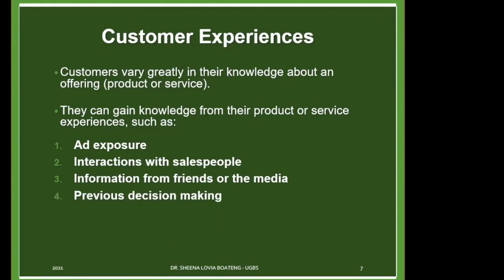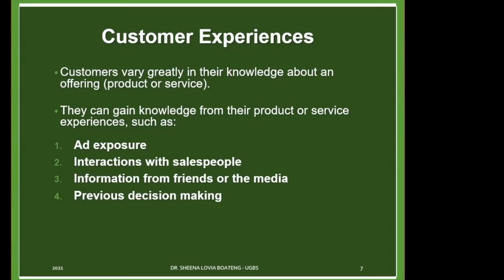Next, we can talk about previous decision making. Previous decision making refers to a decision that you were trying to make in the past that involved a search for information. So you may not necessarily have actually gone on to buy the product and use it, but through the process of deciding to buy or not buy that product, or consume or not consume that service, you had to go on a search for information to know more about that product or service that you were attempting to purchase and consume.